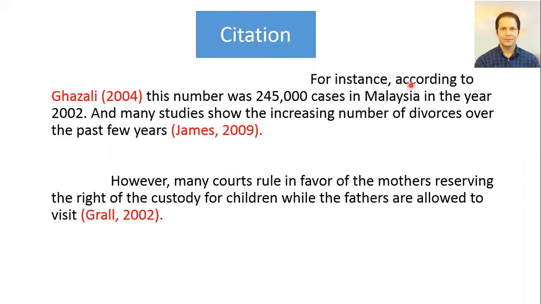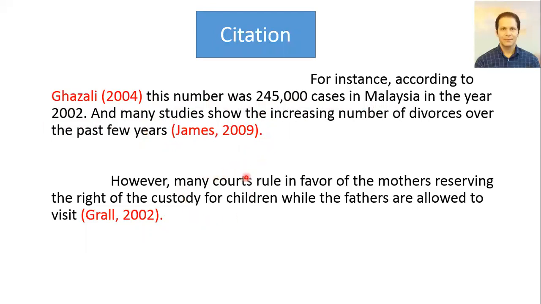For example, according to Ghazali 2004, this number was 245,000 cases in Malaysia in the year 2002. And then, of course, in the second sentence, you want to claim the number of divorces increase every year. So you have to say, where did you get the information? James 2009.